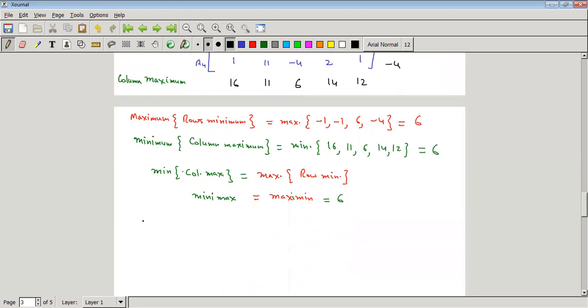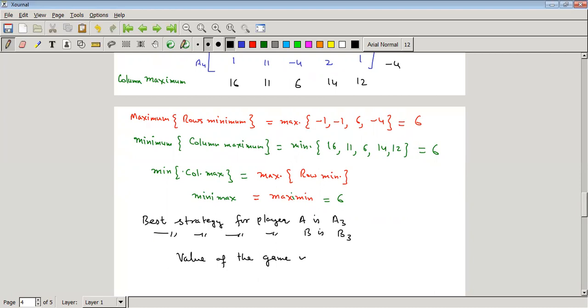So we can write: best strategy for player A is A3 and best strategy for player B is B3, and the value of the game is 6, or we can say the value of the game is the same as minimax, equal to maximin, that is equal to 6.